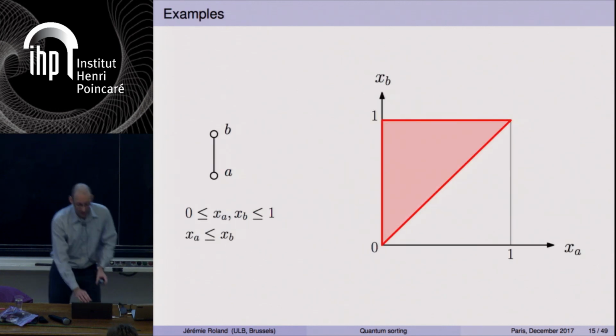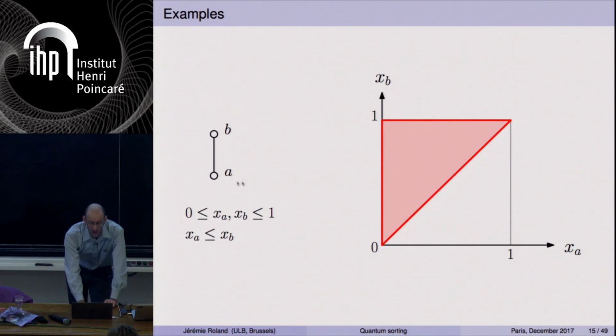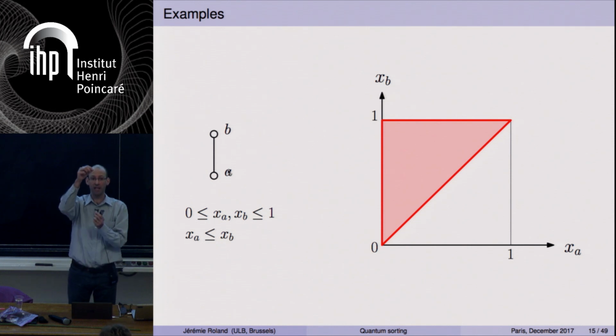So I will always use this graphical representation of a partial order. I will have a graph where I have a vertex for each element. And when I have an edge between two elements, it means that there is a comparison that is imposed between these two elements. In particular, this imposes that the B element is larger than the A element. So whenever you have an edge between two elements, the one on the top should be larger than the one below.